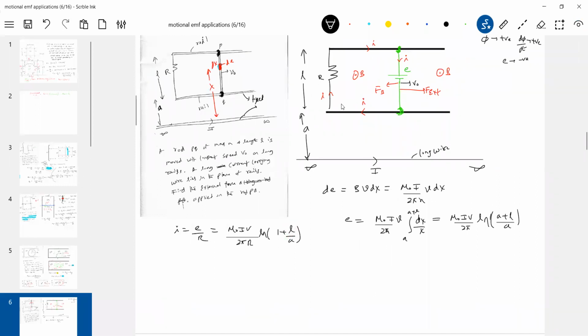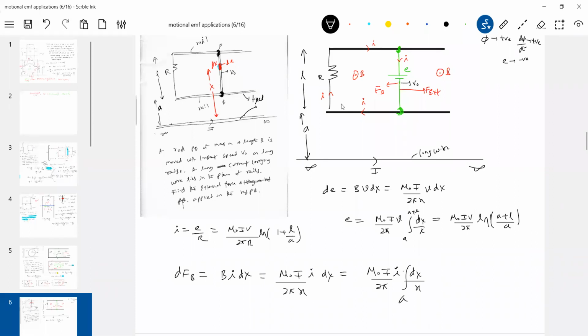Let's take the force, the BIL force. dF_B is equal to B i dx. What is B? Mu naught I by 2 pi x. i is a constant, no? Just leave it here, into dx. So this will be mu naught I by 2 pi times i dx by x.